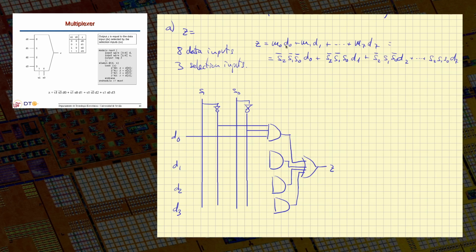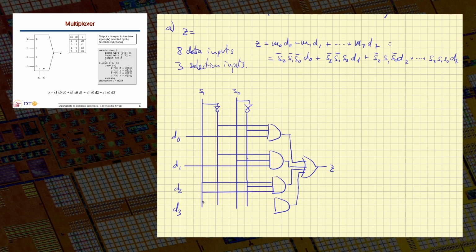To create the first minterm, it's 0, 1. So it's here and here, and we multiply it by D1. Now we have a 1, 0, so if we have S1, S0 complemented, and D2 here.